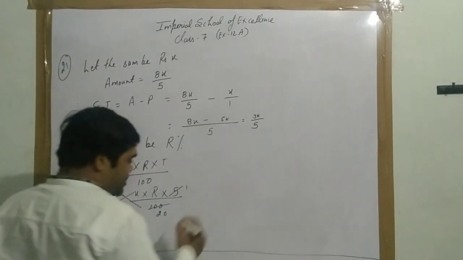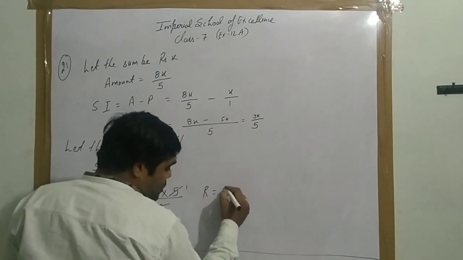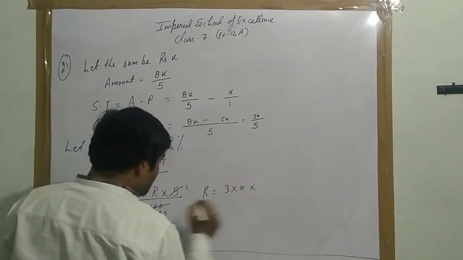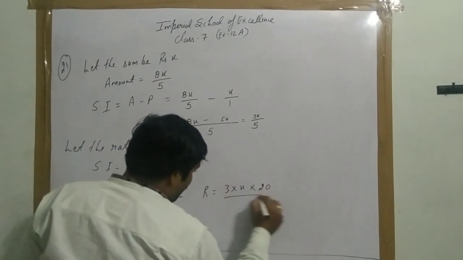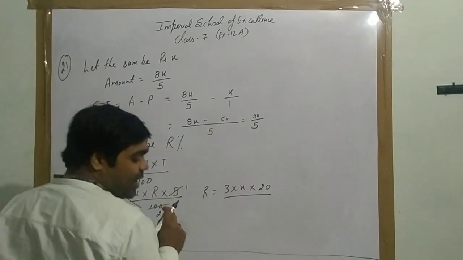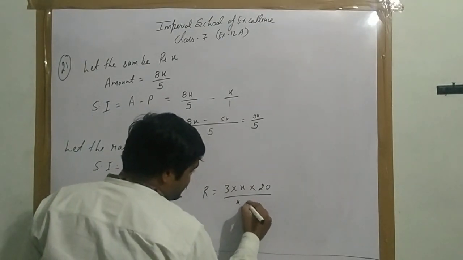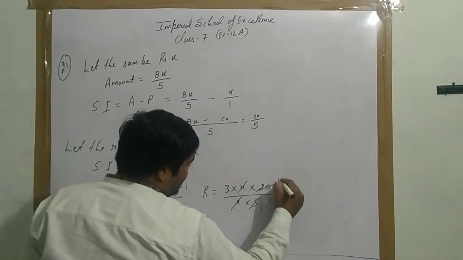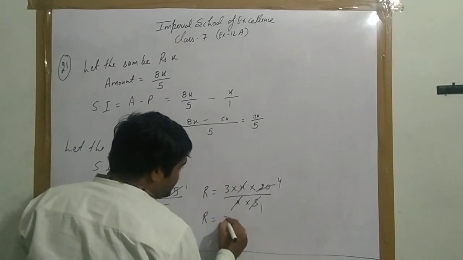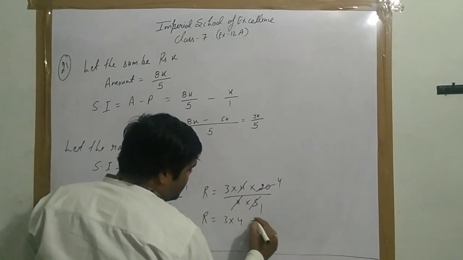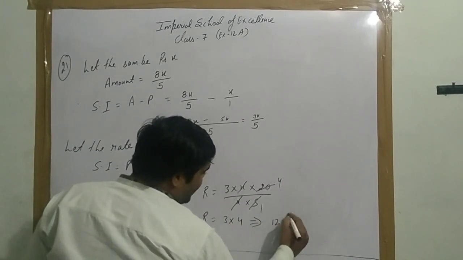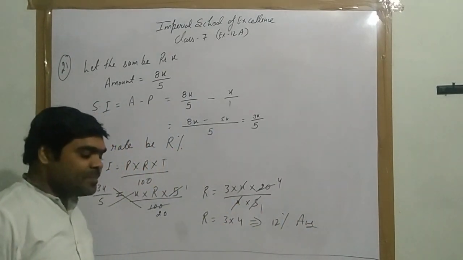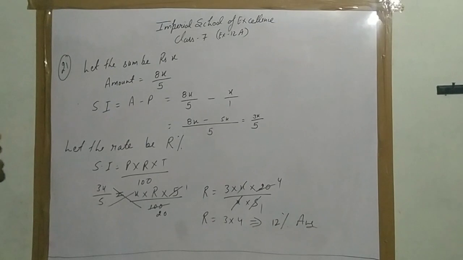So R equals 3 into x into 20 upon what is left here, 5 into x. x and x cancel. 5 1s are 5, 5 4s are 20. So R equals 3 into 4, which is 12. It means the rate of interest is 12%. This is your answer.